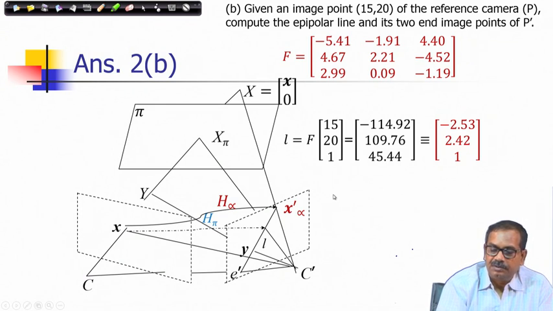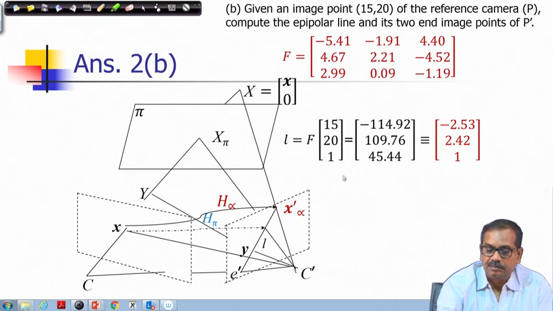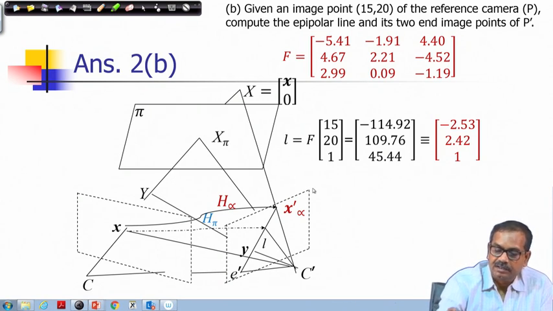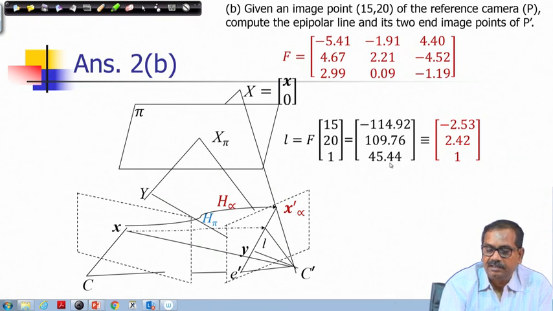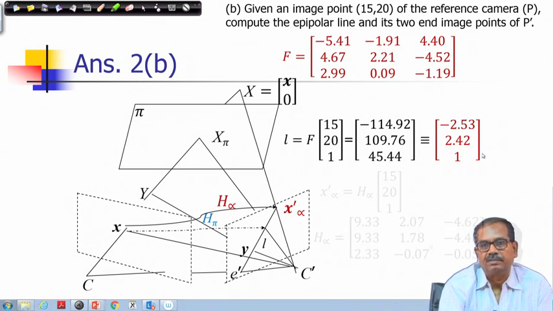This is how the epipolar line is computed. I multiply the point (15, 20), whose representation is (15, 20, 1) in homogeneous coordinates, with F. I will get the epipolar line in this form, which I can reduce by taking the third dimension scale equal to 1. So, the equation of this line will be minus 2.53x plus 2.42y plus 1 equal to 0.